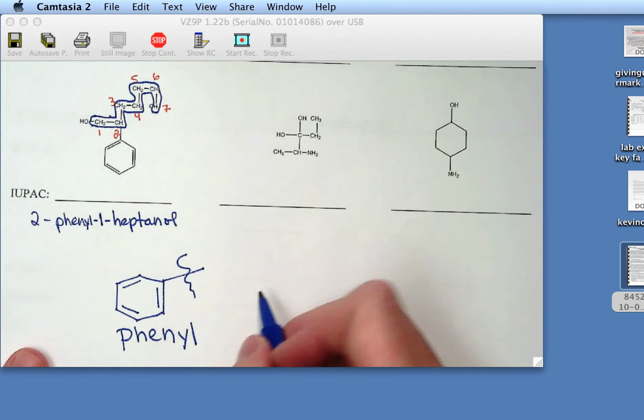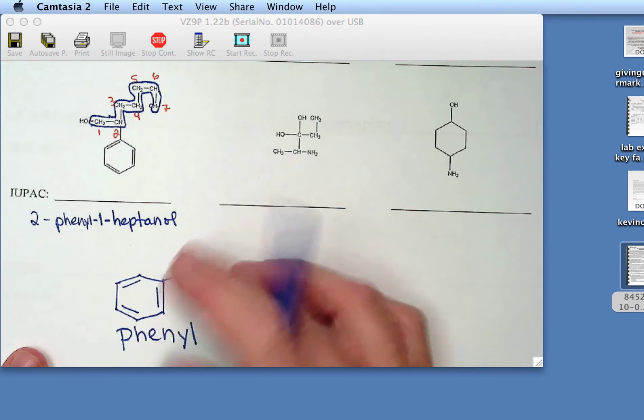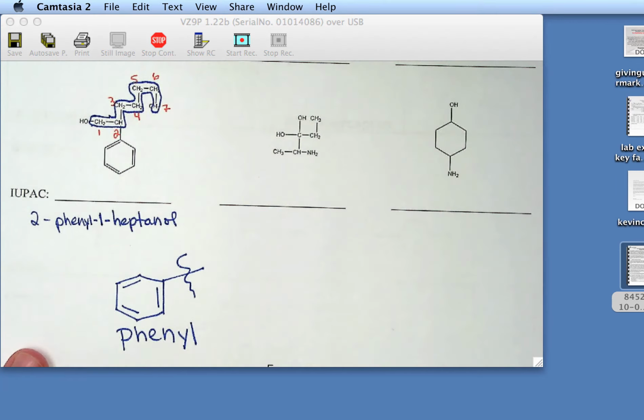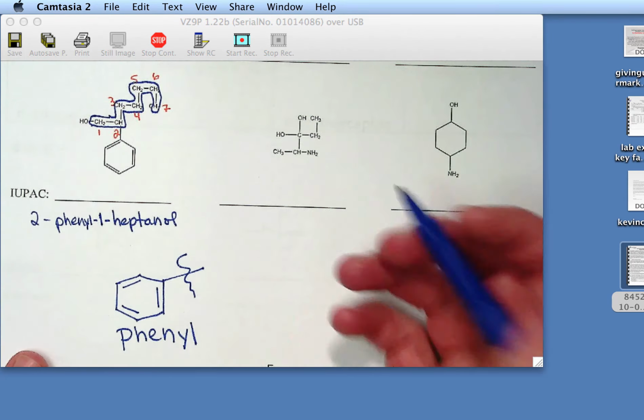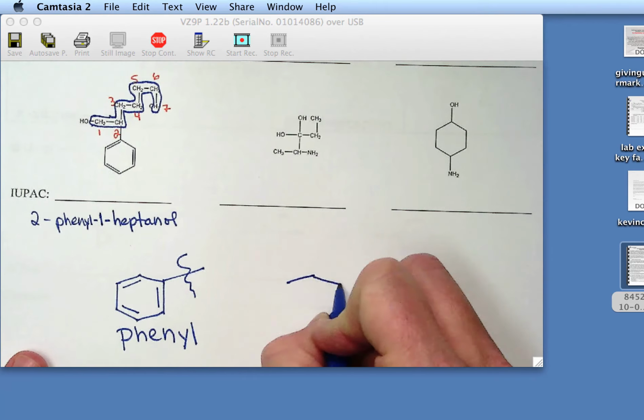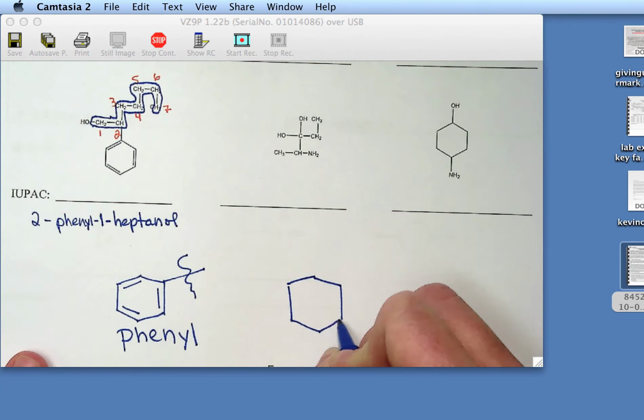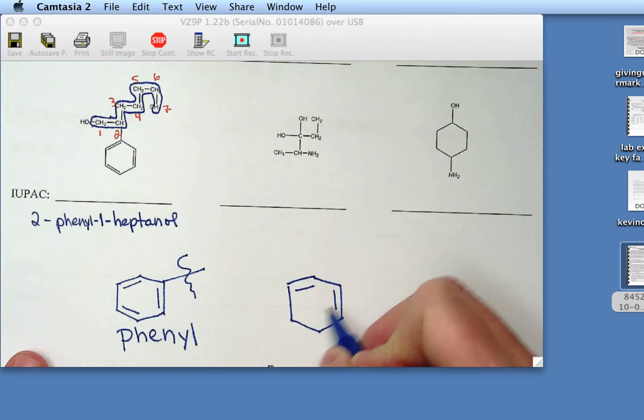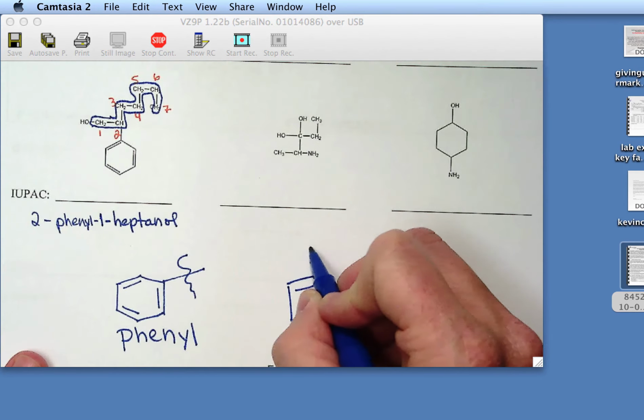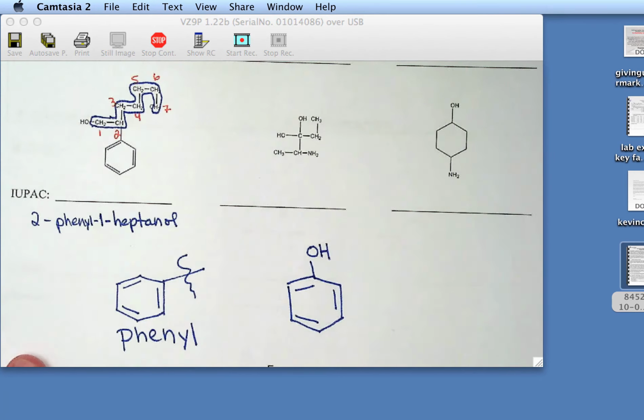So phenyl is this, when you have a benzene ring that's hanging off of a chain of more than 6 carbons. You learned, or you were in the process of learning this one. Does anybody know what that's called?